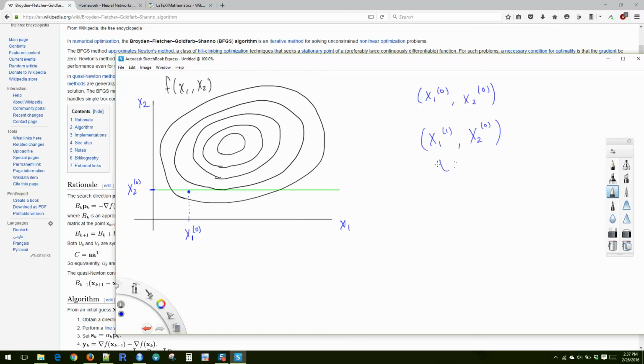We pick it to be the minimum value along this search path. And where's that going to be? That's going to be right here, right? So this is going to be x sub 1 at time 1. Okay, so we've updated this.